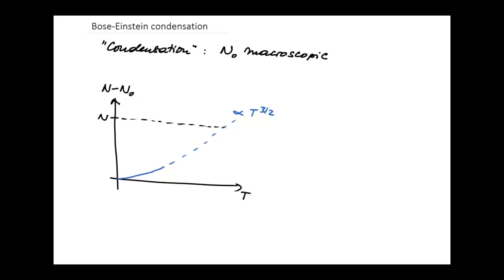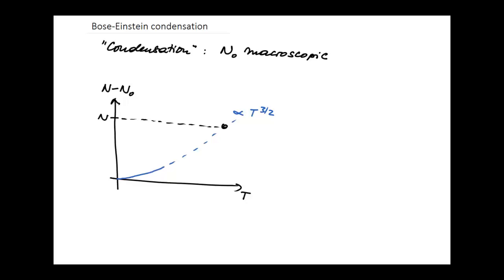In order to get a rough estimate for the typical temperature scale at which you have Bose-Einstein condensation, what you can do is look at this point here, where according to our formula, the number of uncondensed particles equals the total number of particles.